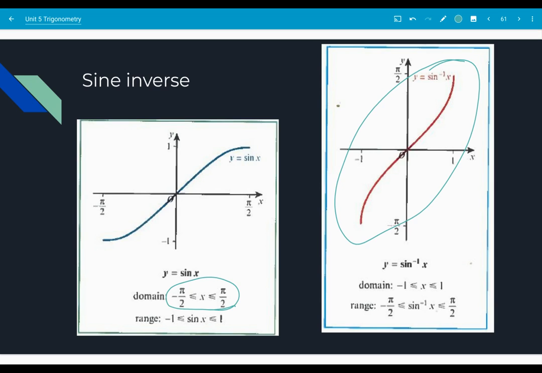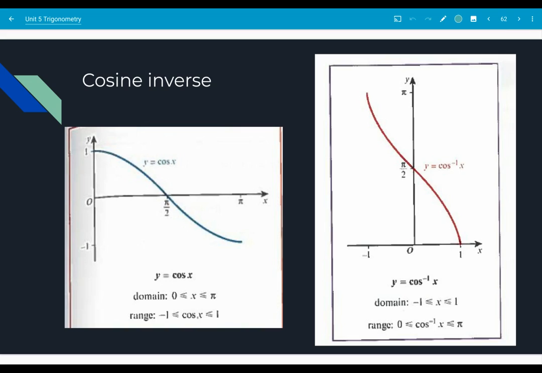So that's what I mean by the inverse function only giving you values that fall within its domain. Even if your angle is all the way out here, you're only going to get the angle that is between pi over 2 and negative pi over 2 for this particular function. Cosine is the same way. Cosine has to be restricted between 0 and pi usually, and that's what its inverse looks like.